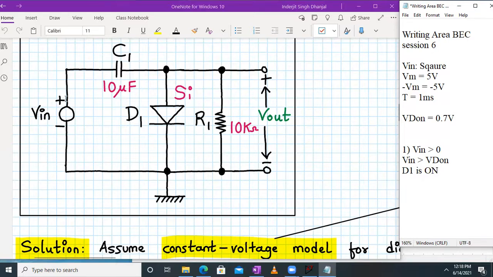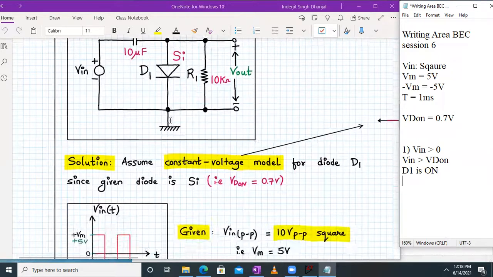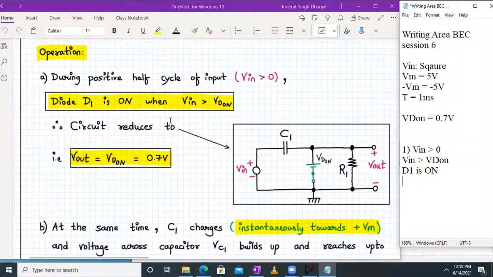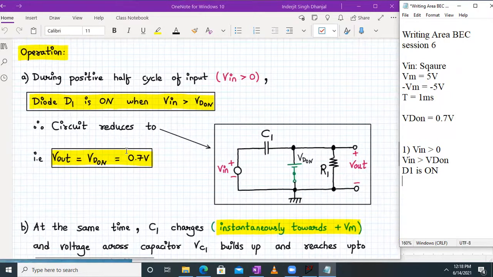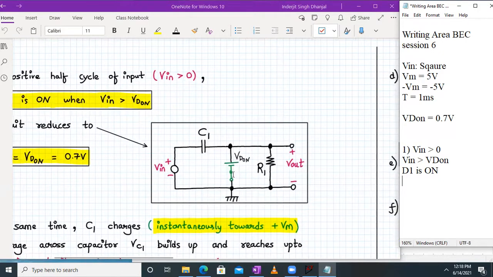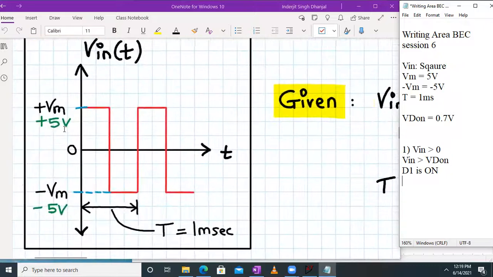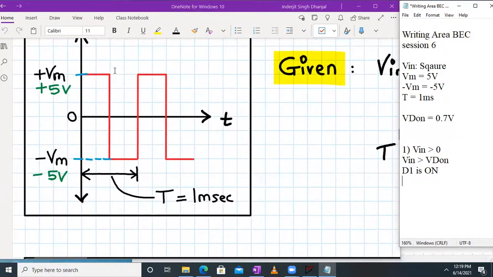So during the positive half cycle of the input, when V in is greater than 0, the diode turns on, whenever V in is greater than VD on. You will say that if it is a square input, in the positive half cycle the input is already 5 volts, so it should be on all the time.